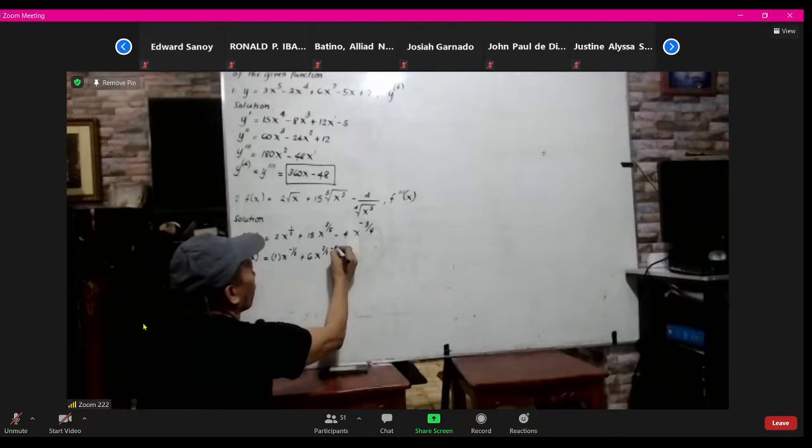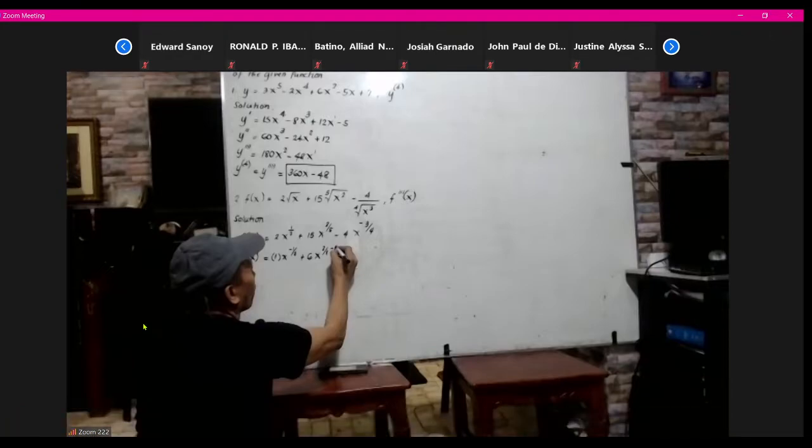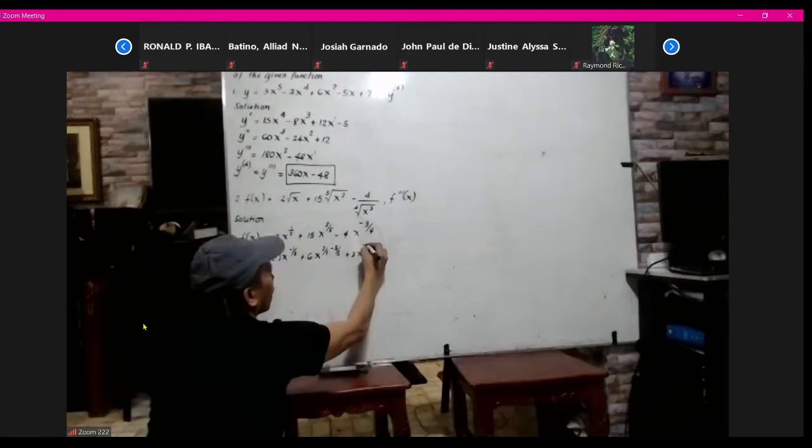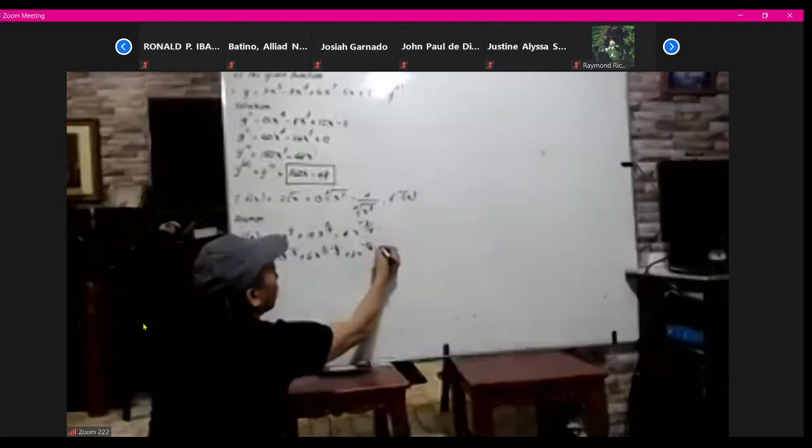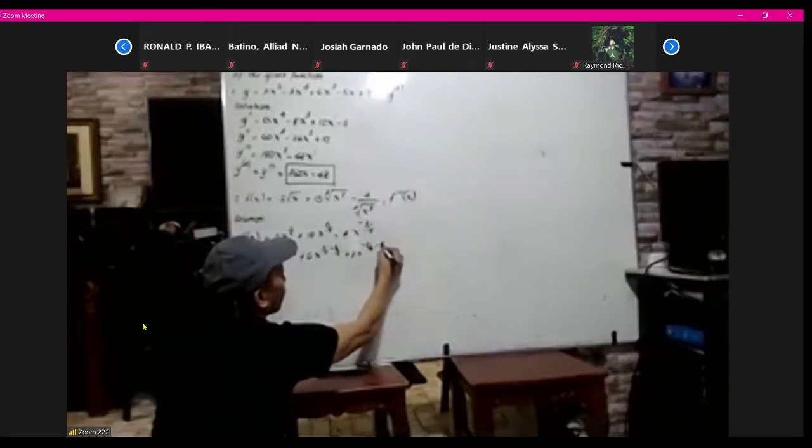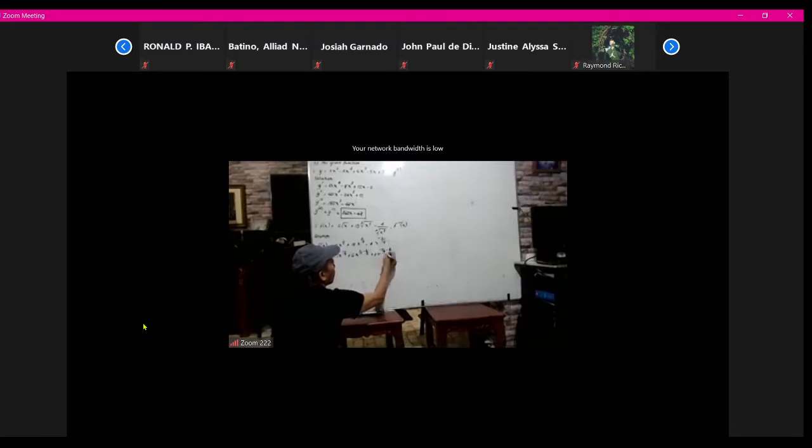Negative times negative, negative 4 times negative 3, positive 12 divided by 4 equals 3. So positive 3. Then x raised to negative 3 over 4 minus natin ng 1 or 4 over 4. Sana kumuha ng 4 over 4 dito sa denominator.